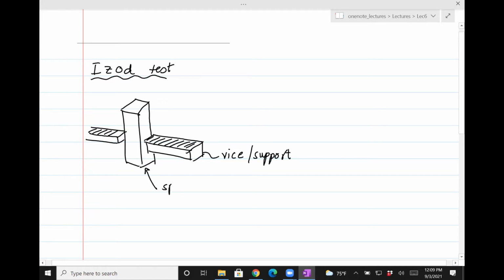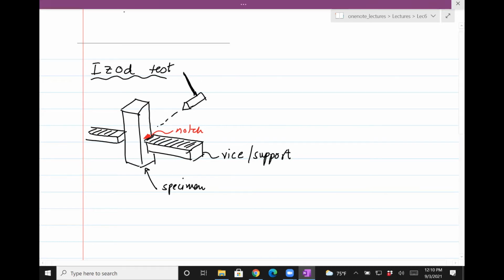This is our specimen. The notch in this case is here, and the notch is basically helping the vise to keep the specimen in place. And then the final piece is the pendulum, which is swinging something like this. So it's going to go and impact and break the specimen into two.